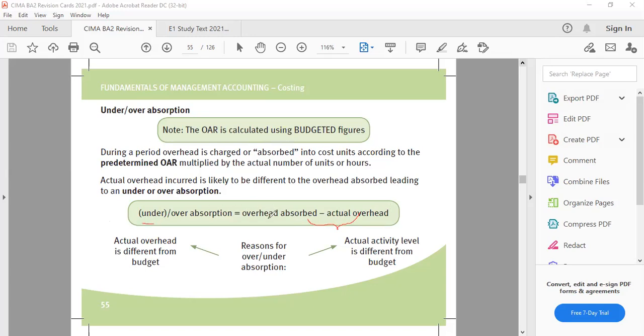If they have accounted more cost than what is actually incurred, it is called over absorption. So actual overhead is different from the budgeted, and this is called under absorption or over absorption.